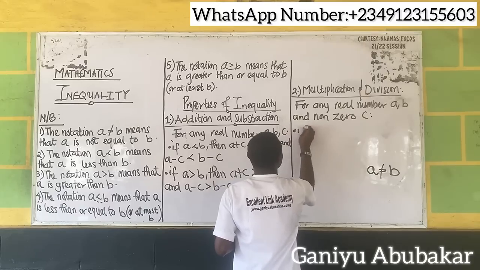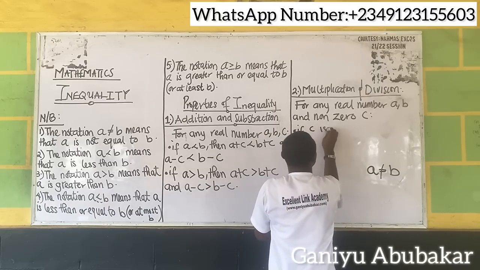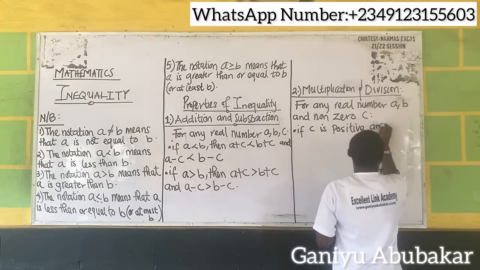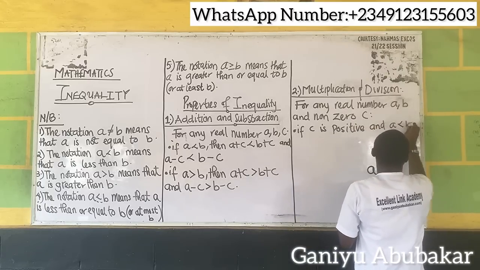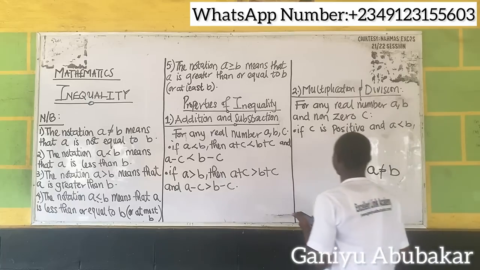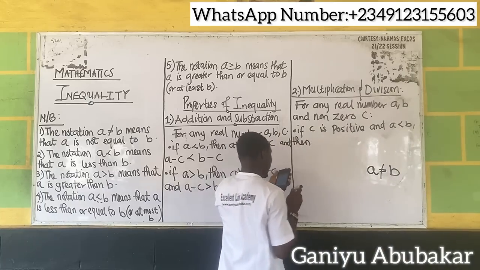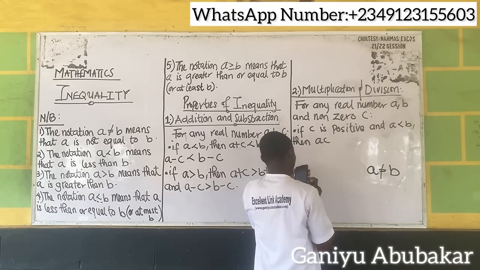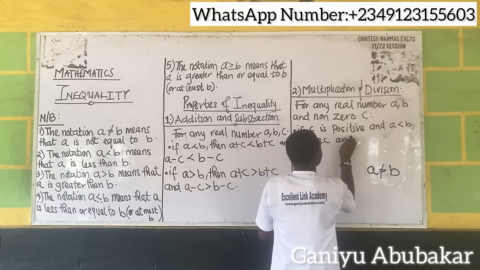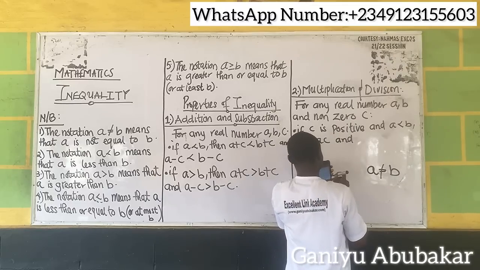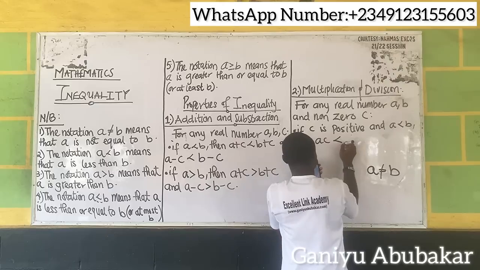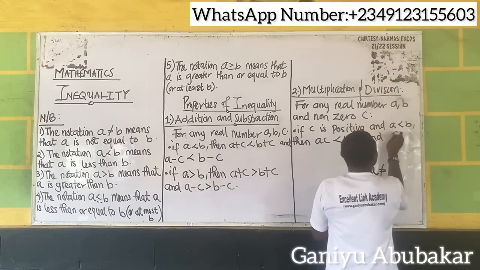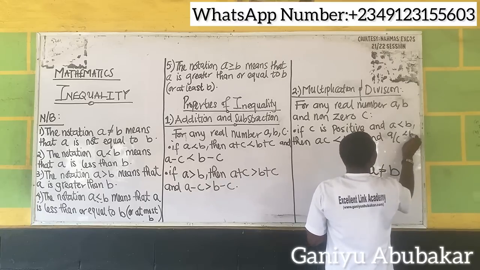The stuff to note. If c is positive and a is less than b, then ac is less than bc, and also a/c is less than b/c.